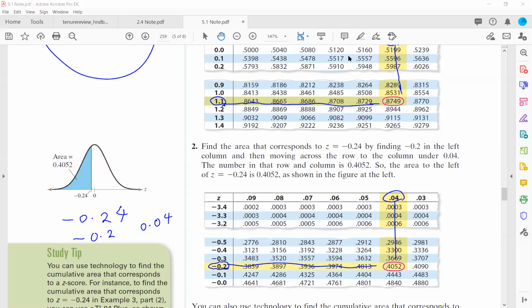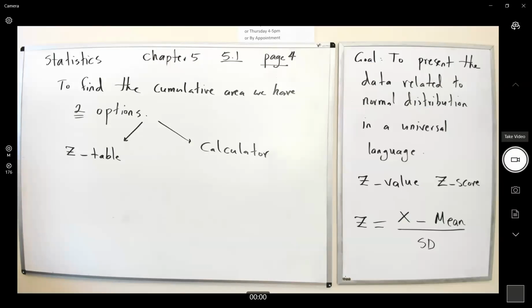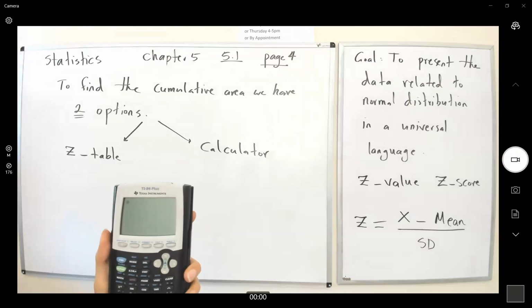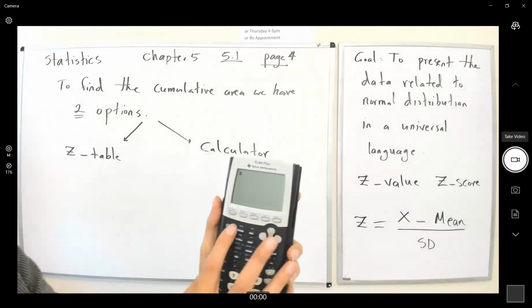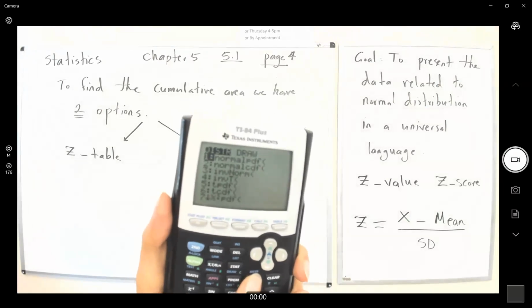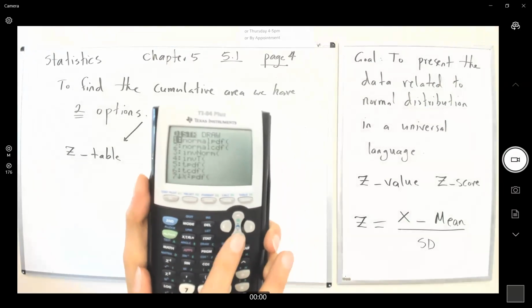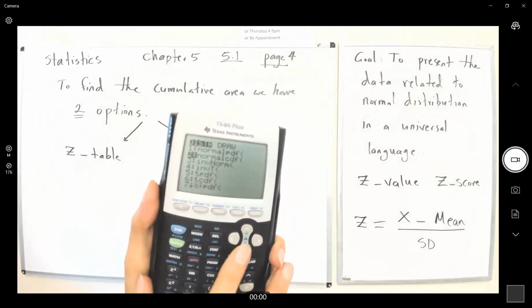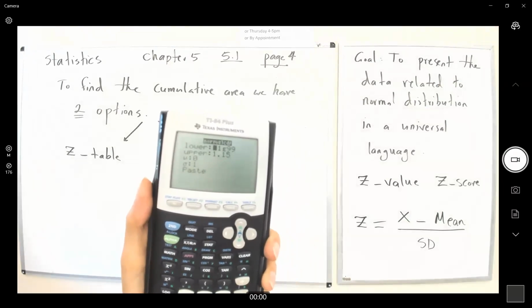Well, we can use a calculator to find the cumulative probability on the left-hand side of negative 0.24. So let us take a look at our calculator. Second, bars, again it's normal CDF cumulative, enter.